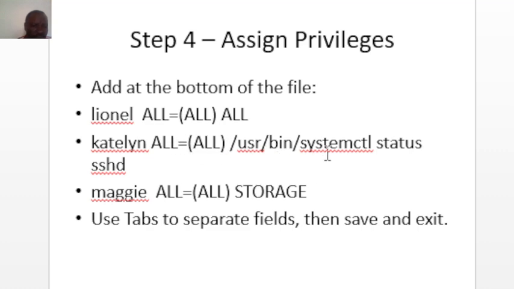So it's authorized to run the system status command, systemctl status. That is the privilege allowed for Kati. The Magi have the privileges for storage. What storage has given Magi as permission is what we're able to access.